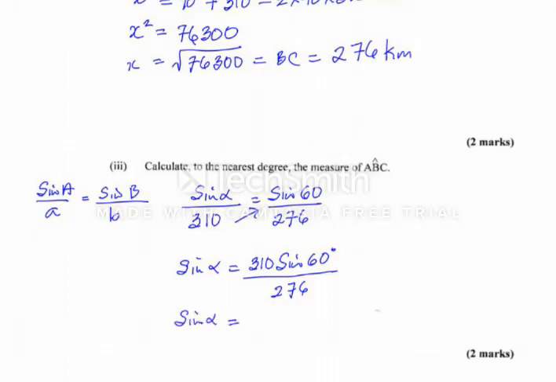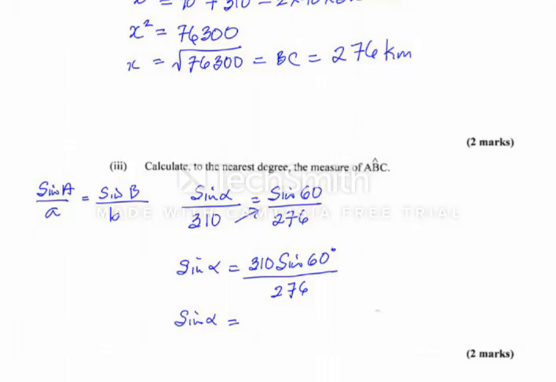All right, let's find the value of this to 3 decimal places. So that's 310 times the sine of 60 divided now by 276.